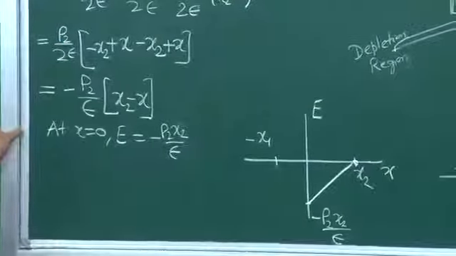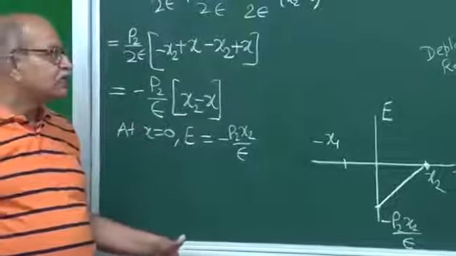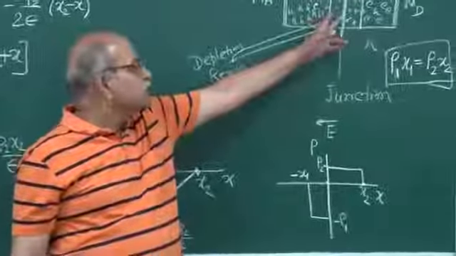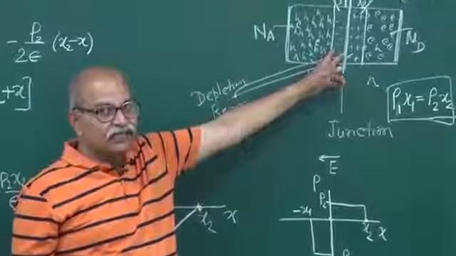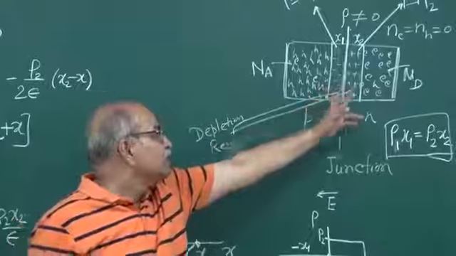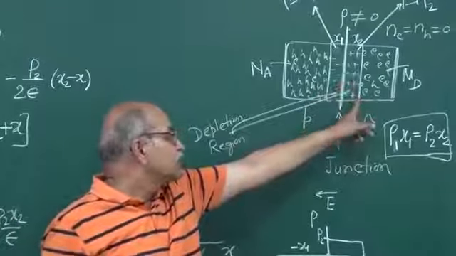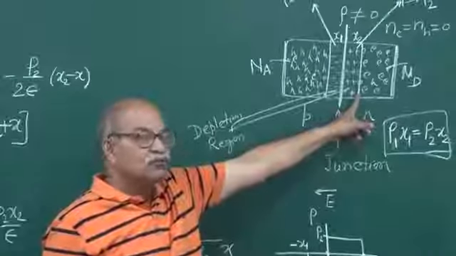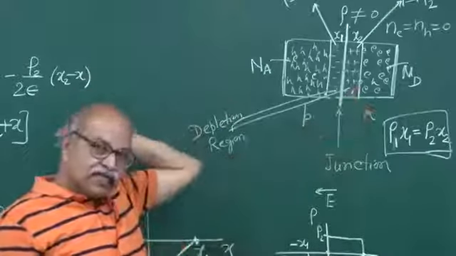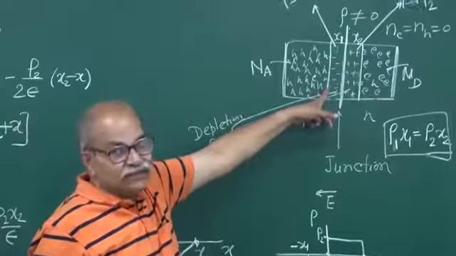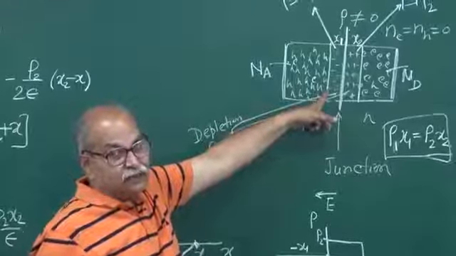You can do a similar calculation for the electric field in this region, and you can just guess what it will be. When I did this, I get the electric field at x equal to x2 as 0. Do exactly the similar analysis and you will get the electric field at x equal to minus x1 as 0.